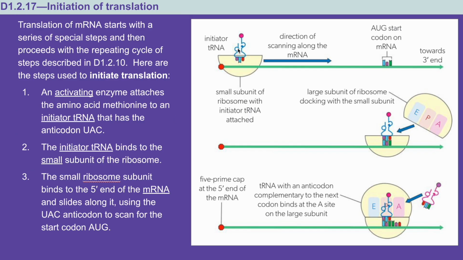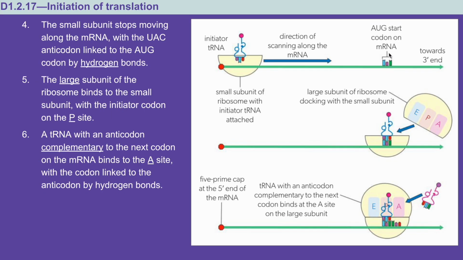So UAC is the anticodon, which will then bind with the mRNA codon AUG, which we know is our start codon. When it reaches AUG, the small subunit stops moving. The UAC is linked to the AUG by hydrogen bonds, just like any other complementary base pairing.